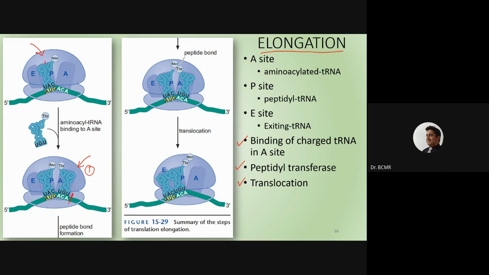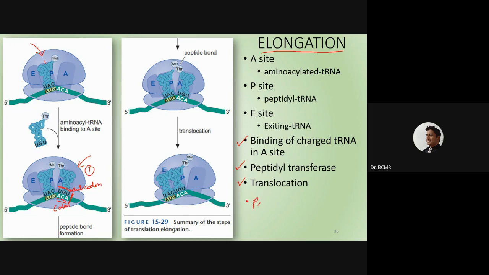And we also have to ensure that the interaction between the codon and the anticodon is correct. What is present on the mRNA is the codon. What is present on this one is the anticodon. The interaction between codon and anticodon should be correct.